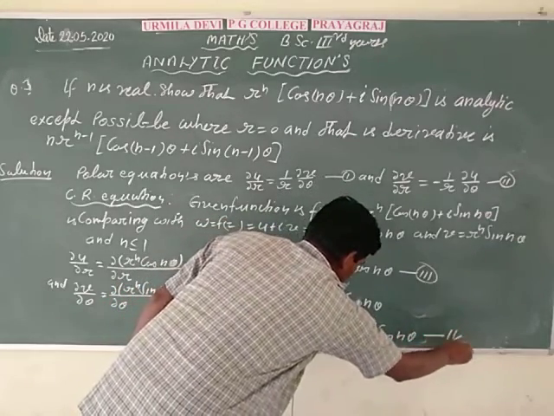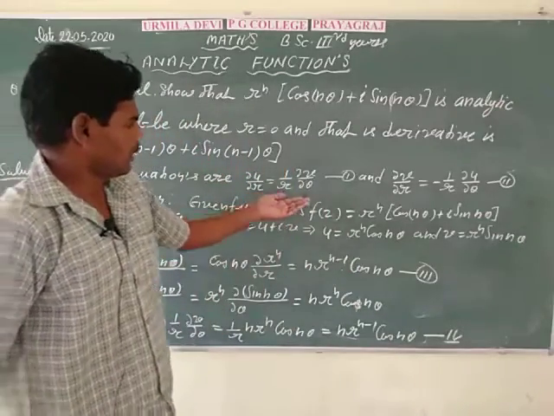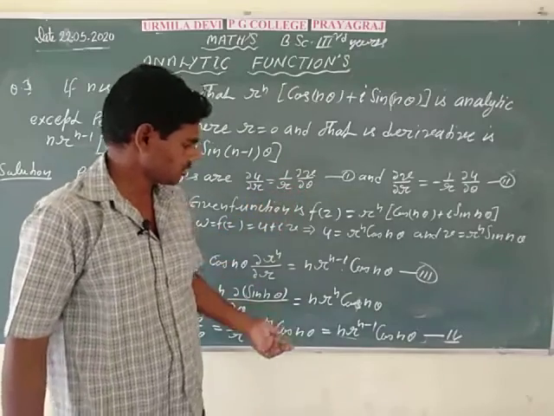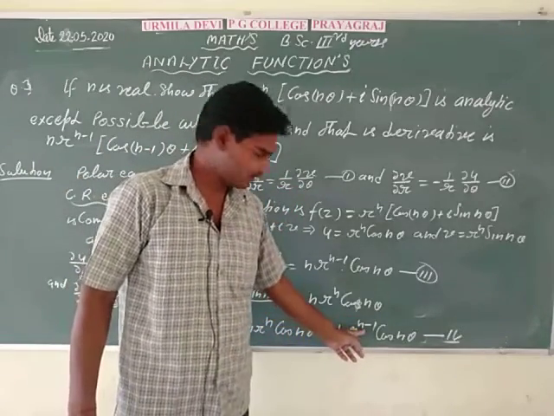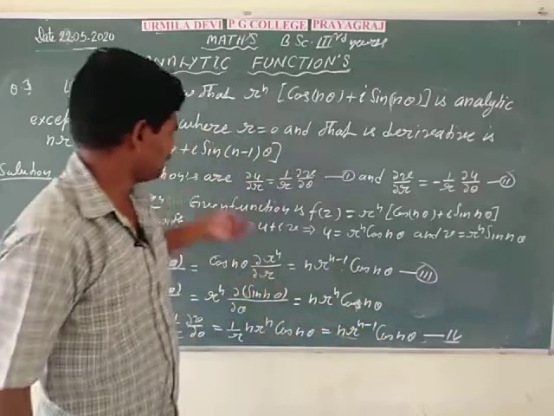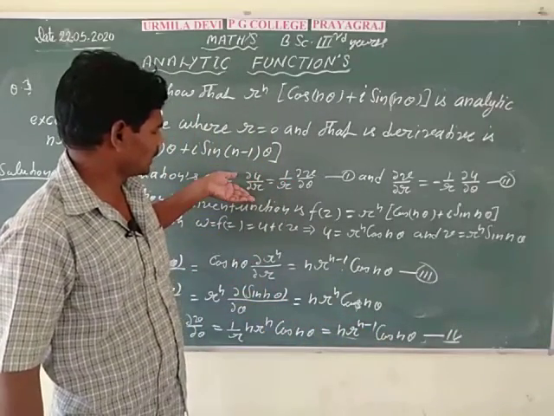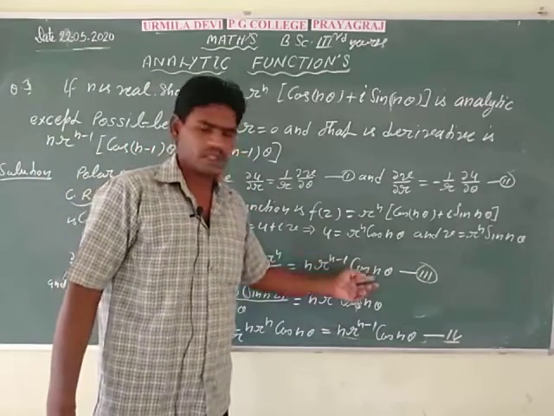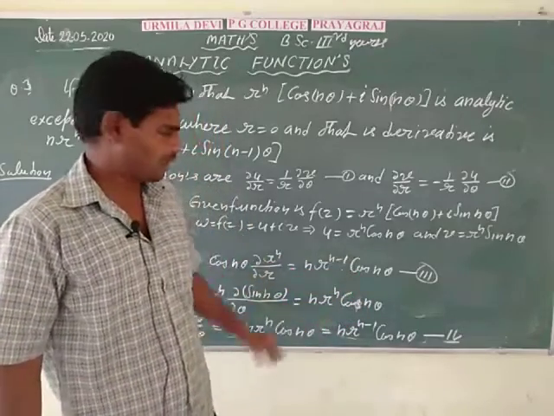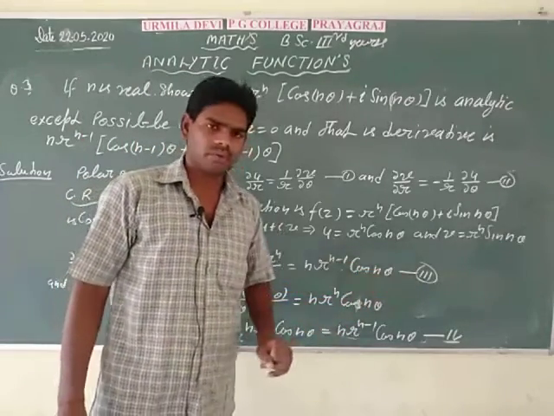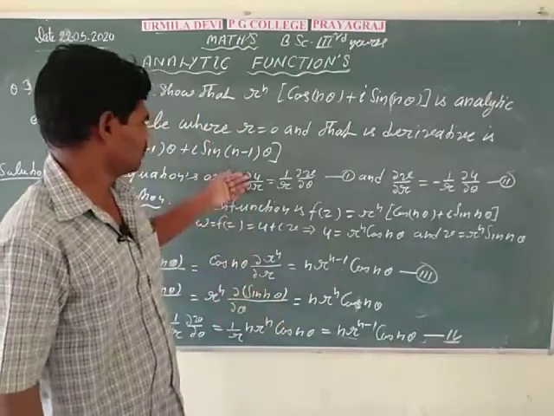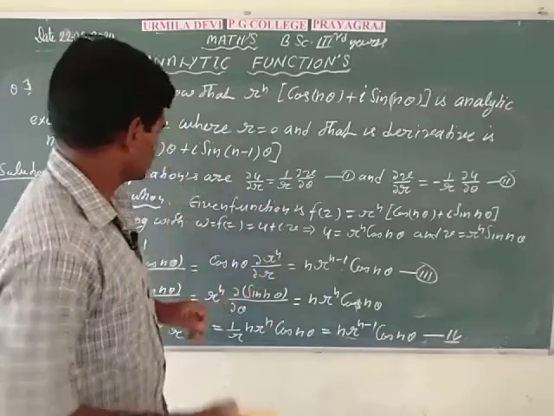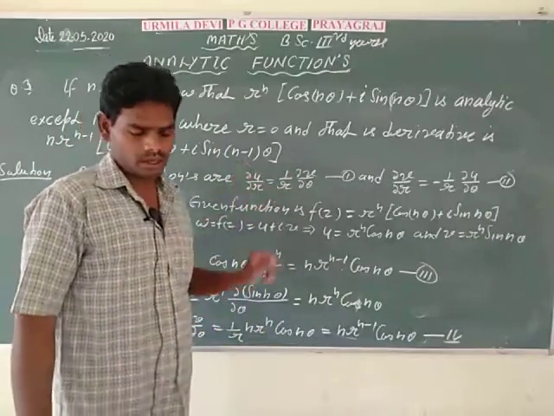Now the value of the right hand side, 1 by r del v by del theta, is equal to n r to the power n minus 1 times cos n theta, and the left hand side, del u by del r, is equal to n r to the power n minus 1 cos n theta. From equation third and fourth, it's clear that del u by del r is equal to 1 by r del v by del theta, which is the first equation of CR.